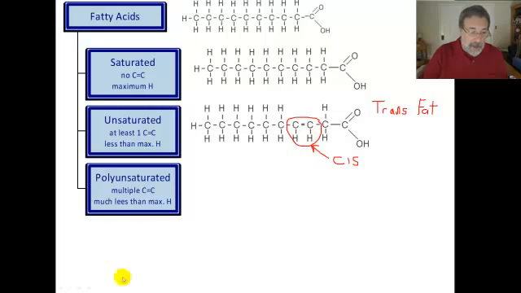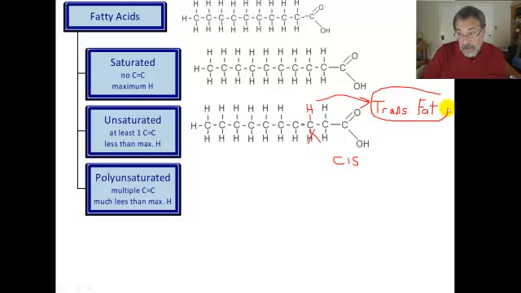If, on the other hand, we were to move this hydrogen from here to this side of the double bond, where the hydrogens are on opposite sides of the double bond, that is a configuration that is known as a trans configuration. Now, trans fats have been shown to be related to some circulatory disorders. Trans fats were originally used in foods because they made the lipids have a longer shelf life.